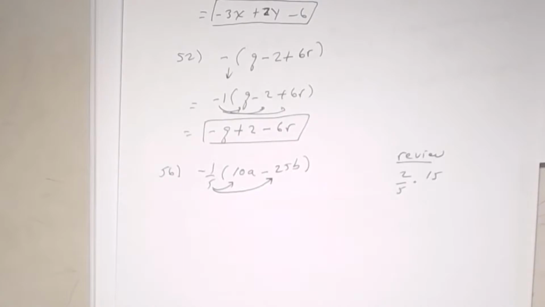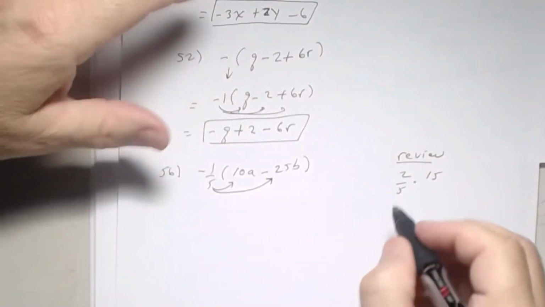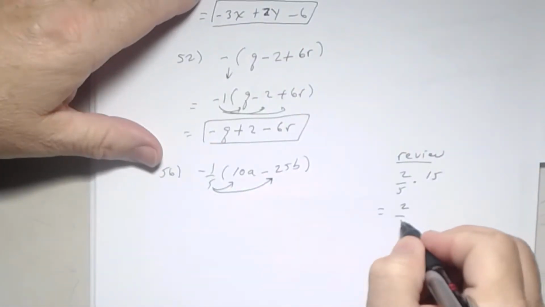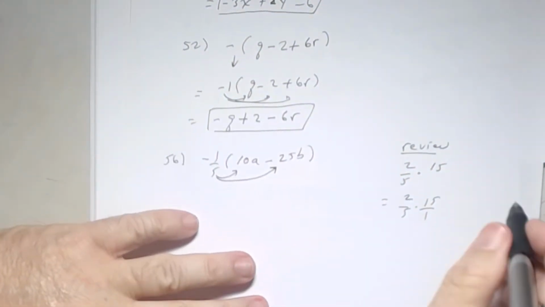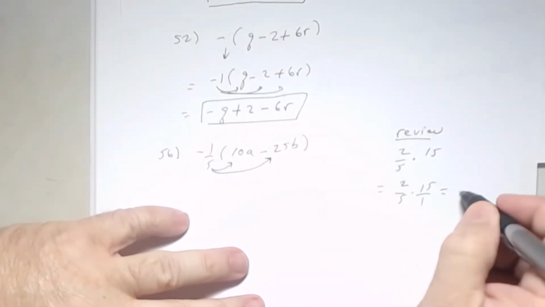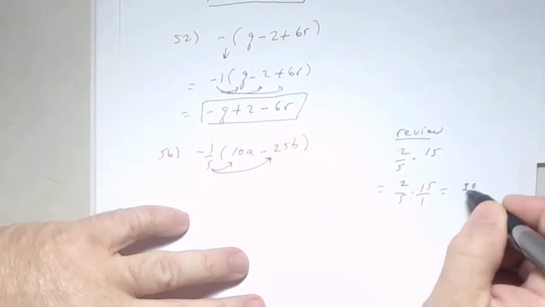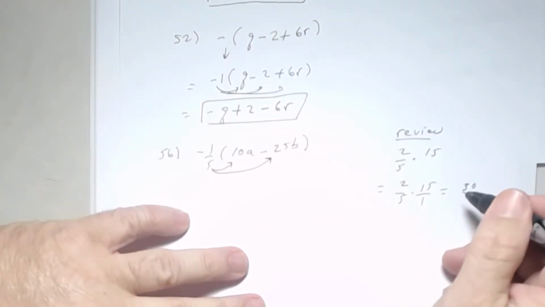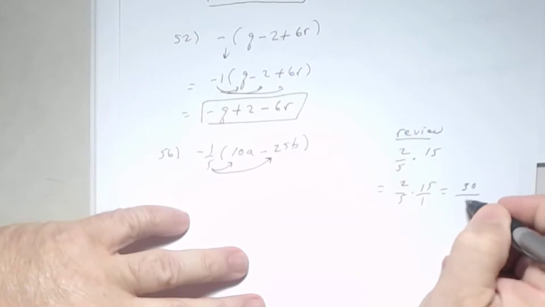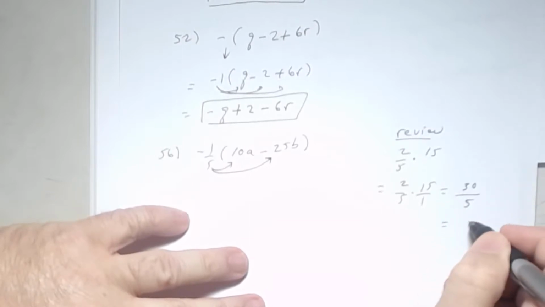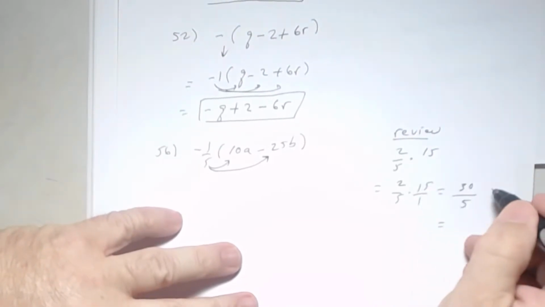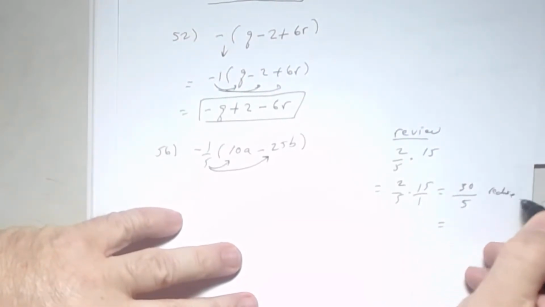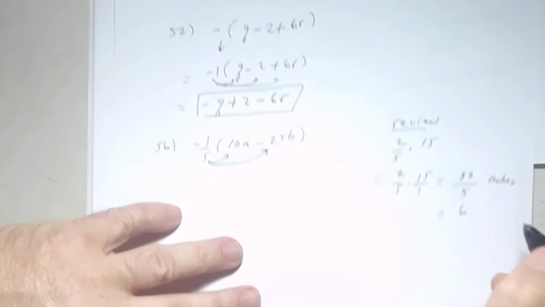And remember, 15 is the same thing as 15 divided by 1, right? So multiply the numerators together, divided by 5. What's 30 divided by 5? You have to reduce at the end, correct? So you multiply first, then you reduce, and you get 6.